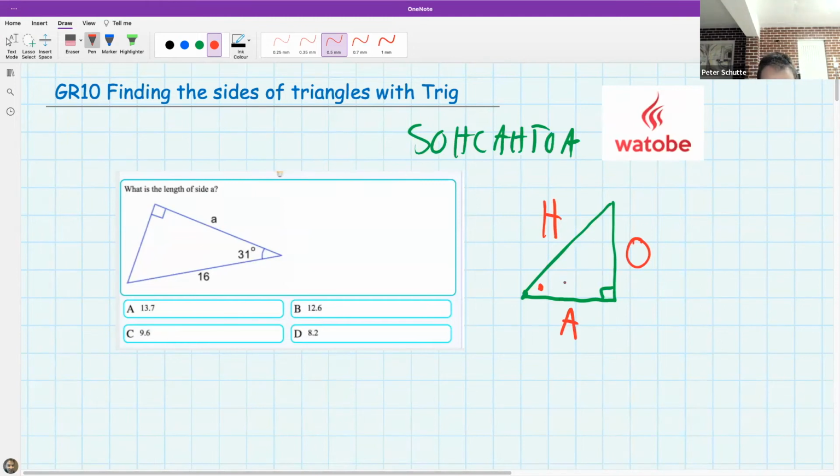And we can use these trig ratios together with our calculator to help us find unknown sides. And so I want you to try and find for me the unknown side A using your knowledge of trigonometry. If I need to go into more detail, please raise your hand and I will gladly do that. But I think most of you can just give this a go straight away. So how do I find which of the 4 options is going to be the length of the side A?